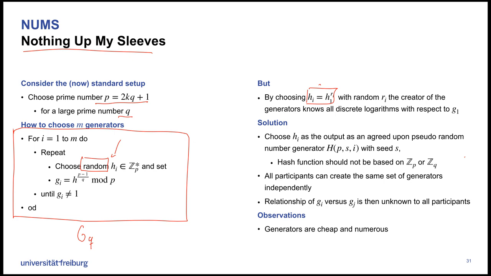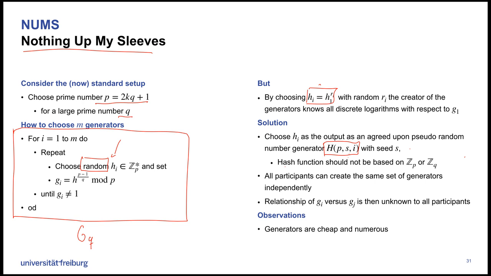What we do is we use a random number generator, H. We can also take a hash function or something else. And you put into this H the prime number, maybe some seed, and the number for the H that you want to set into this algorithm. So now you have a determined set of generators. You start with the first generator and you publish that. That's how we choose the generators.